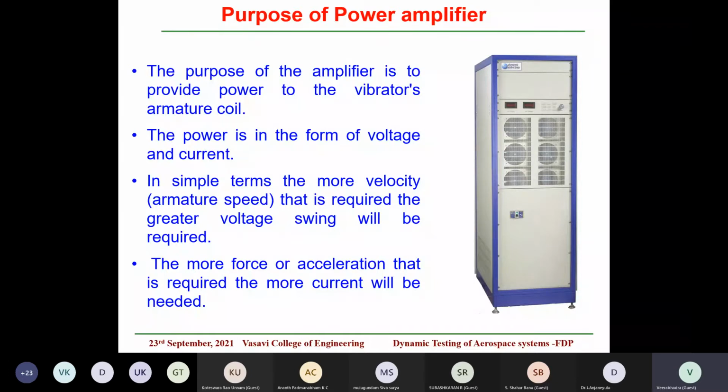And I is the current carried by a conductor, which we call the armature. It is similar to a motor: we have armature and field, and here also armature and field. So the purpose of the power amplifier is to pump the energy, both the DC power to the field and AC power to the armature, so that it oscillates in the shape that you want.